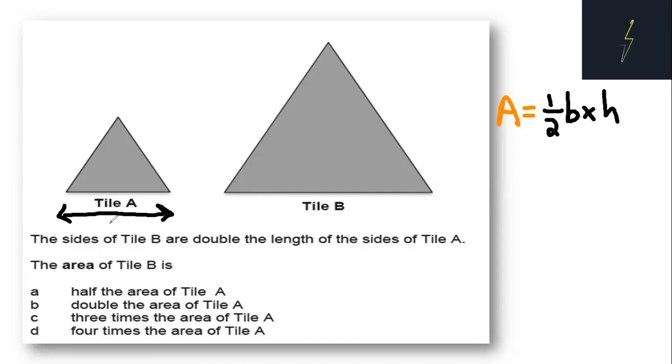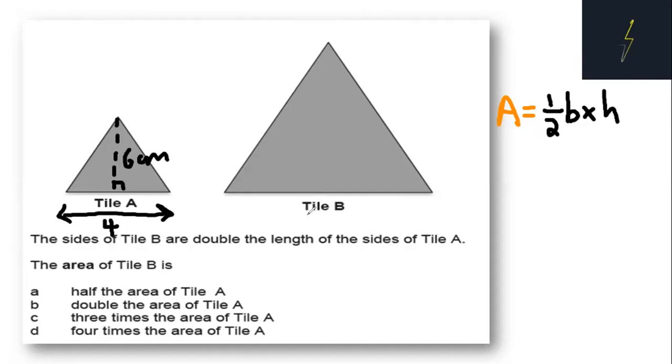All right, so let's put a figure there. Let's put say 4. And let's put a height. So this is our perpendicular height. Let's put 6 for our height. What they're saying is, in tile B, they double everything.